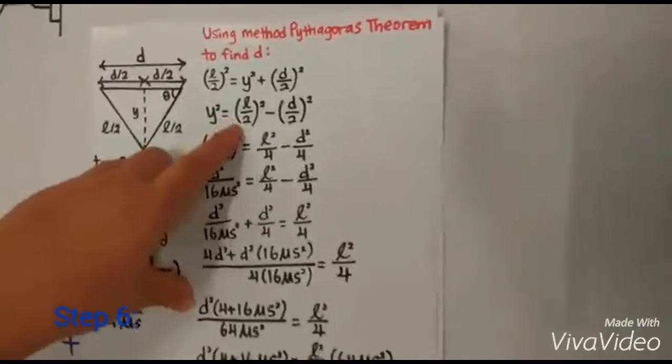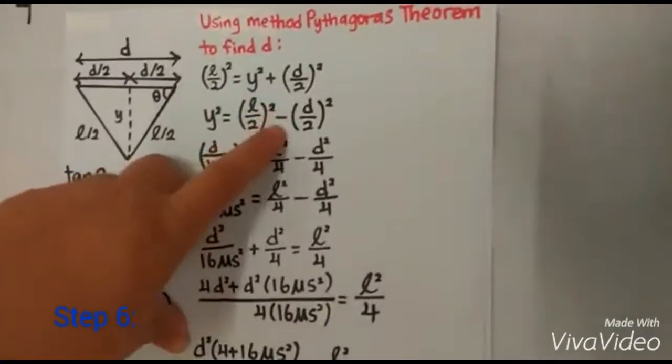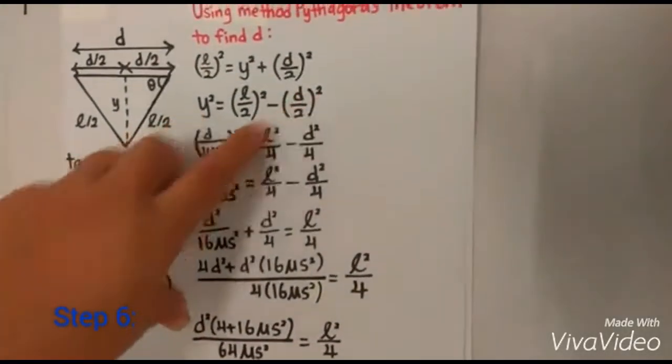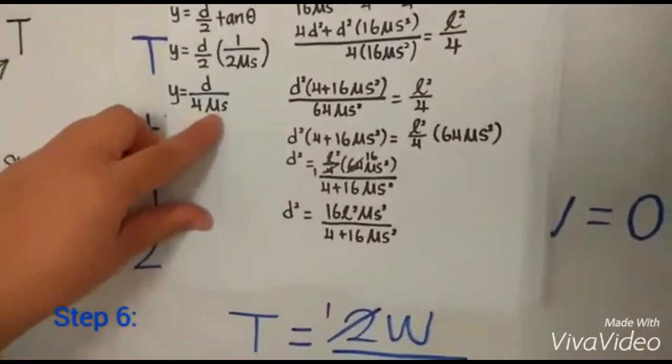Here we get y square equal to L divided by 2 squared minus d over 2 squared. Okay, by substitution y equal to d divided by 4 mu s.